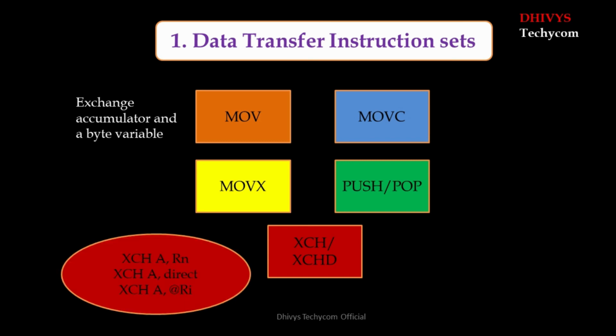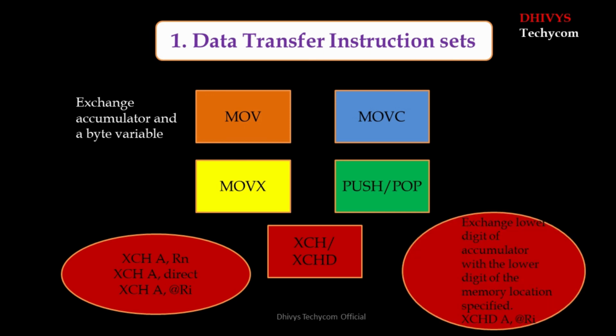XCH A, RN; XCH A, direct; XCH A, @RI. In the first instruction, the data in RN will be exchanged with A. For the direct address, if the direct address is 1200, the value at that address will be exchanged with the accumulator. And for @RI, if RI holds 1200 and the value at 1200 is 5, that particular value will be exchanged with the accumulator. So these are the examples of exchange.